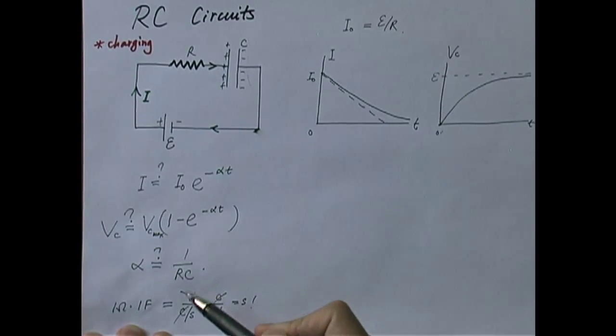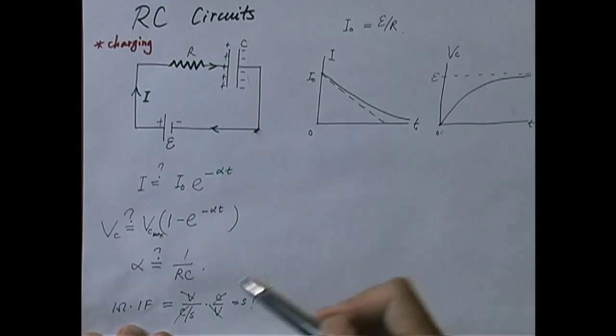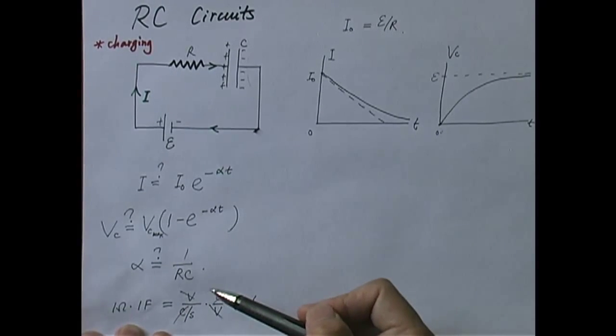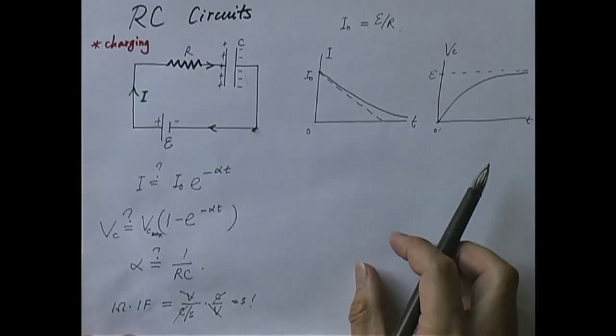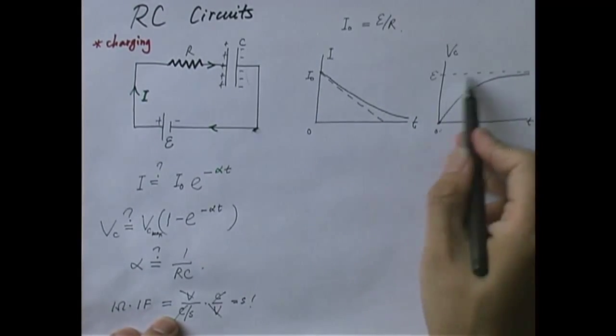Of course, this may not be completely unique. It could be 2 over RC. It could be pi over RC. Who knows? But it's got to be something times 1 over RC, because that's the only way to get it correct unit-wise. This also makes sense from a physical point of view, not just from a unit point of view, because a large alpha means the charging process will be short, because the current can go down quickly and the voltage go up quickly.